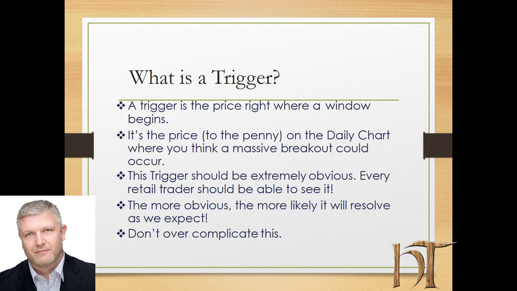I'll show you some charts so you can visualize this a little better, if you're more of a visual learner. What we want to look for are the windows, and remember that the bottom of the window is a trigger. The top of the window is a trigger if another window is stacked right above it.